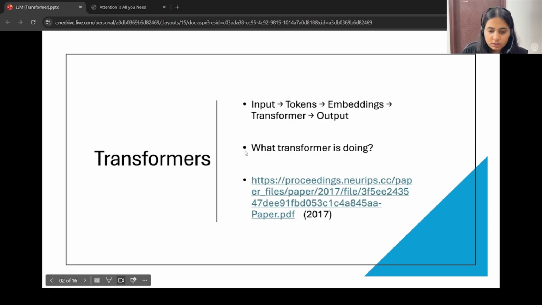This paper was launched in 2017, and after that, we got to know about the transformer.